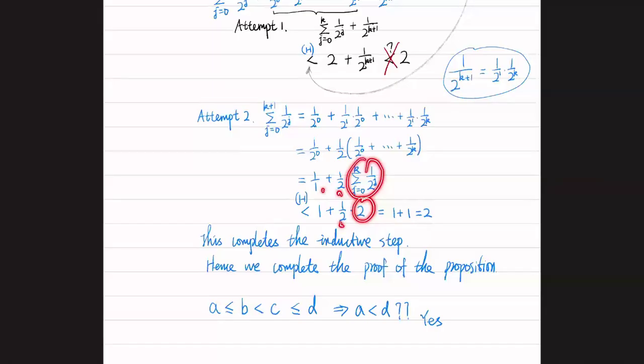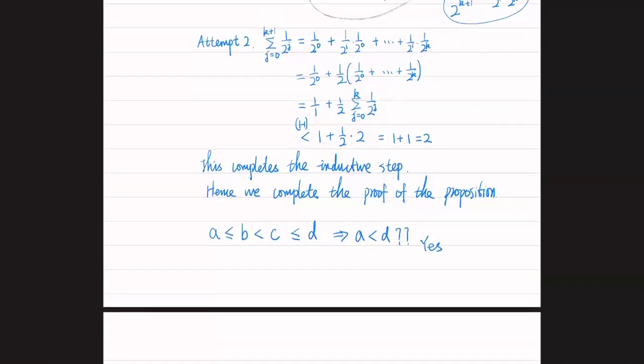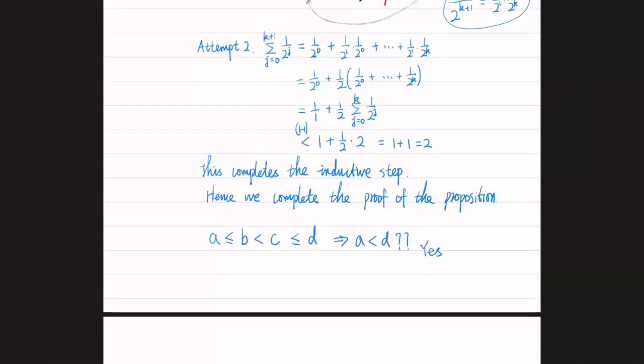This is less; add 1, so this is less than this. Now if A is less than 2, we want to say 1 plus 1/2 A is also less than 2. Could you check this, Aaron? Is this true?